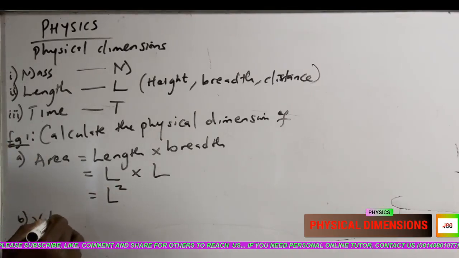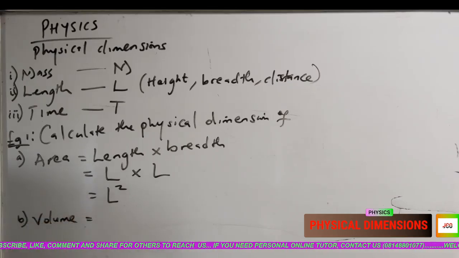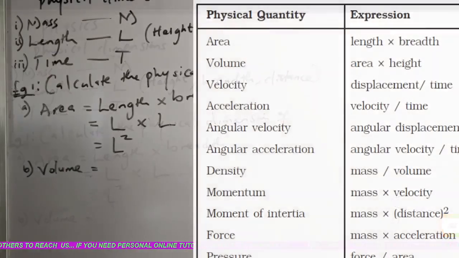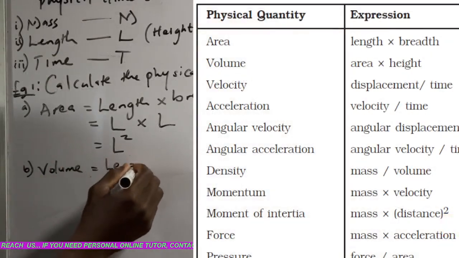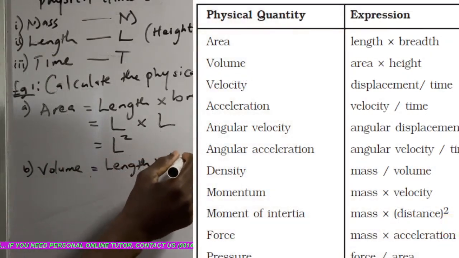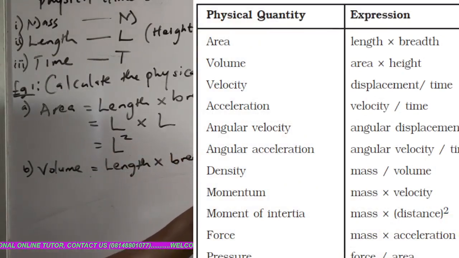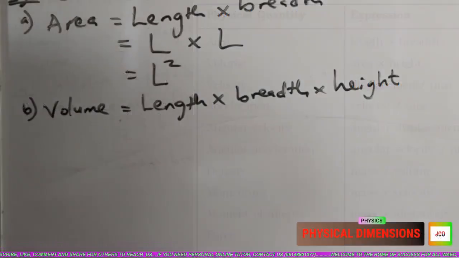Next is volume. Pause the video, try it for volume, then I'm going to solve it now. Volume, what's the formula for volume? Length times breadth times height. See, before you can solve the physical dimension, you have to know their formulas.